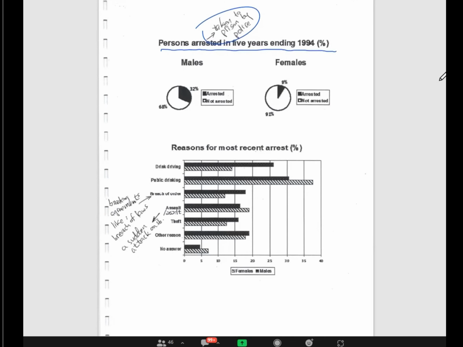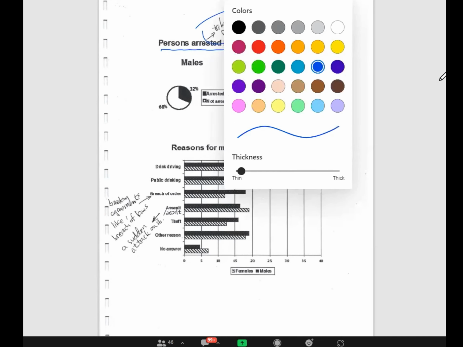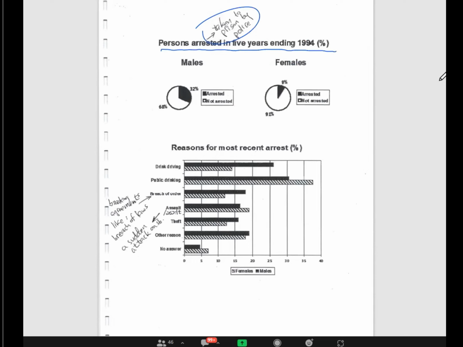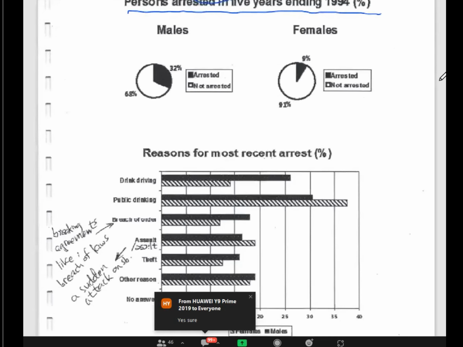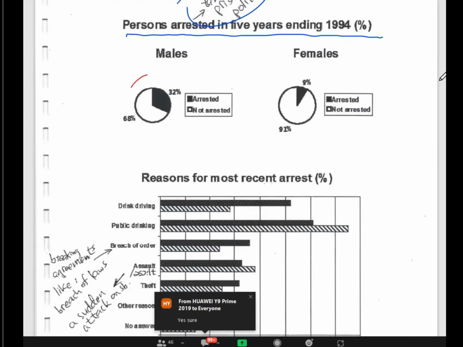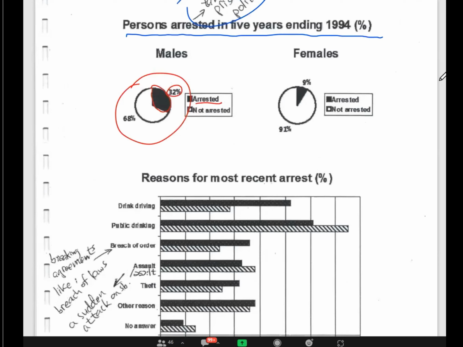So, in every country there are males and females. Are all the males good in a country? Are all the females good? Of course, no. So, out of 100% of males, 32, this much, were arrested by the police.